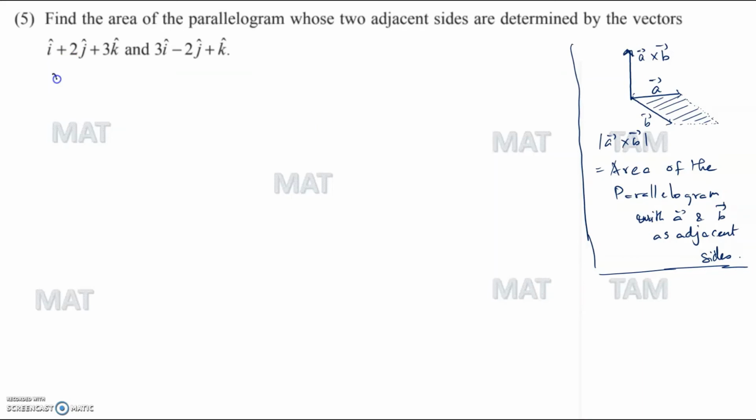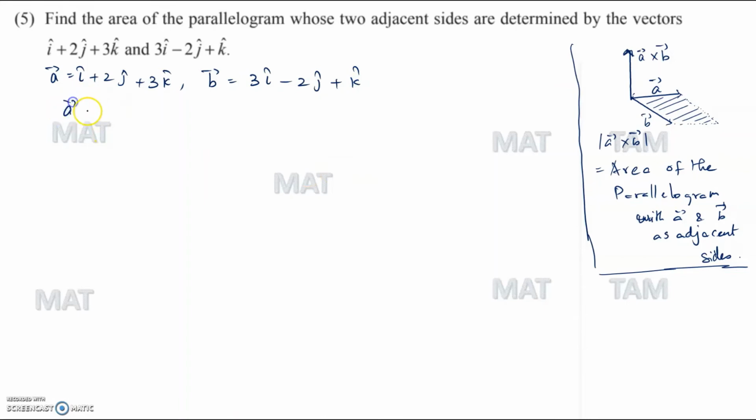Let's define vector A as i cap plus 2j cap plus 3k cap and vector B as 3i cap minus 2j cap plus k cap.